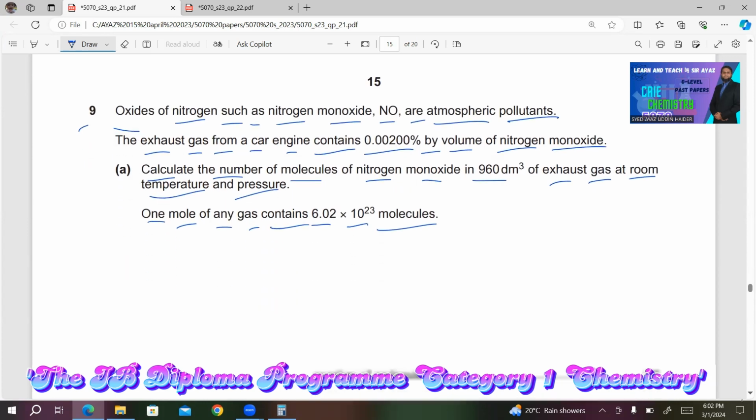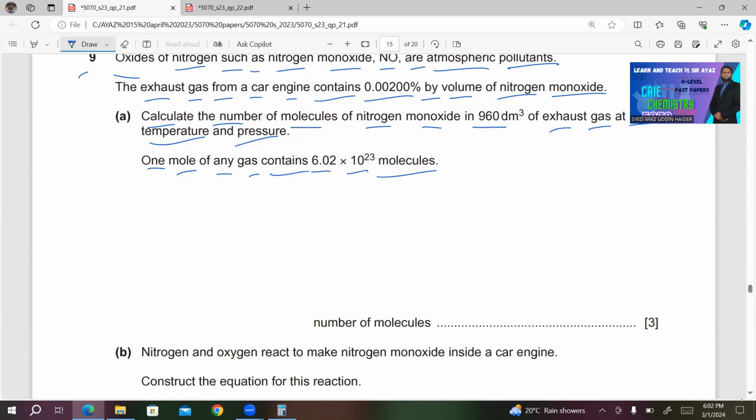So first of all, we need to calculate the volume of nitrogen monoxide. It's mentioned in the question, 0.002% by volume of nitrogen monoxide in 960 dm³.